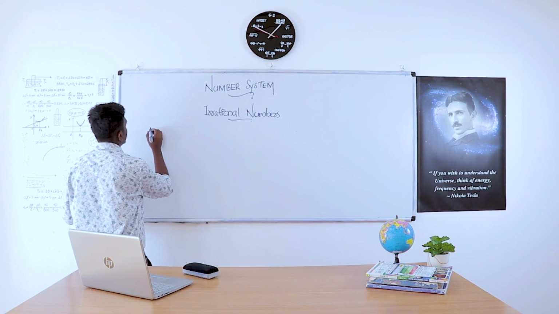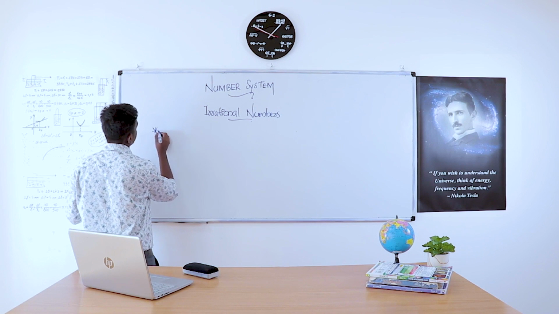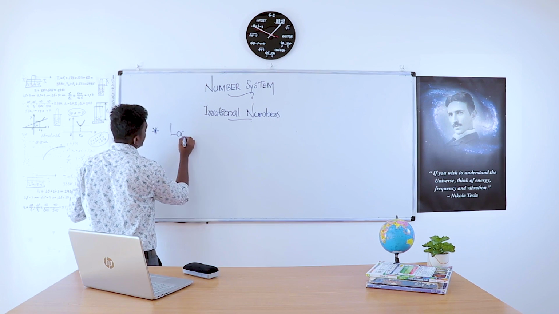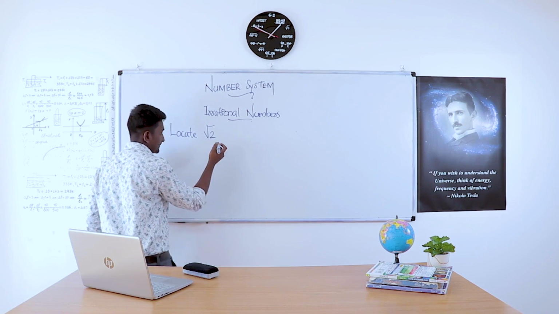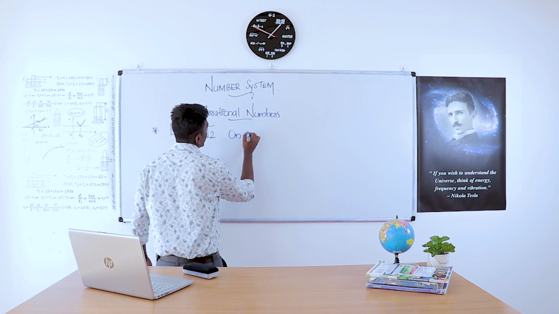This is the question: locate root 2 on the number line.